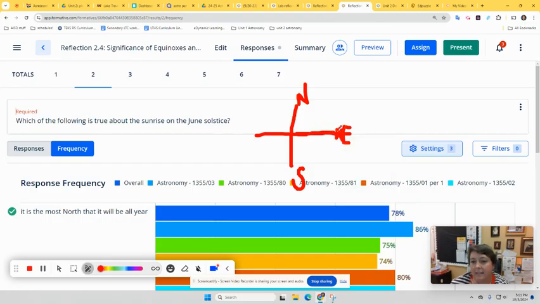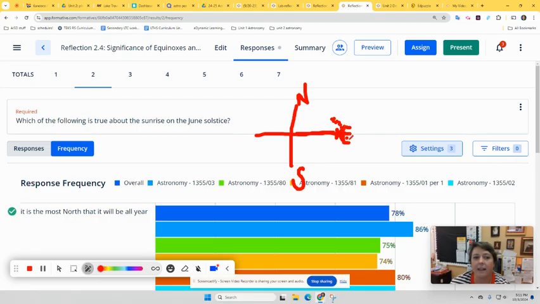We call it due east. But as we get closer to the June solstice, it's going to be a little bit north and a little bit north until it reaches its peak. Then it's going to stand still. That's what solstice means.